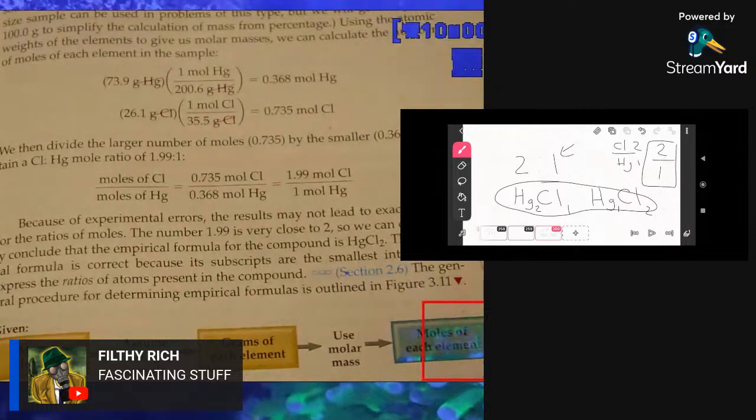So it's either going to be one of those two, but since I know the metal, mercury, is 1, I know this is the right one. Bam. All right. And this one does not exist in nature, at least not in that form. You know what I mean?